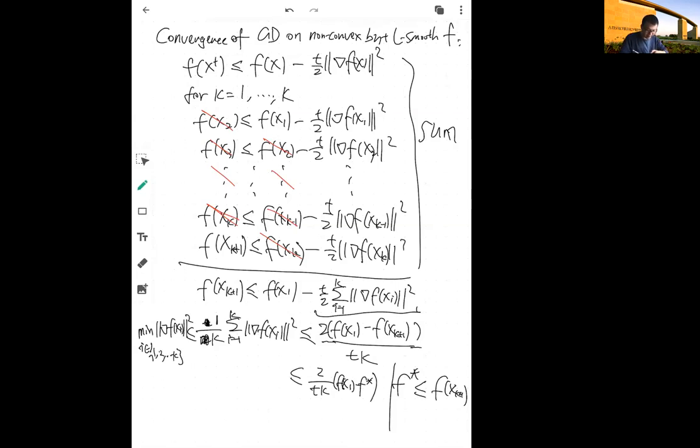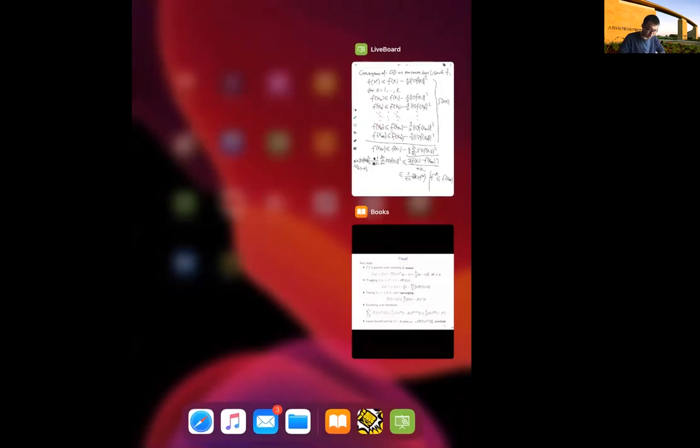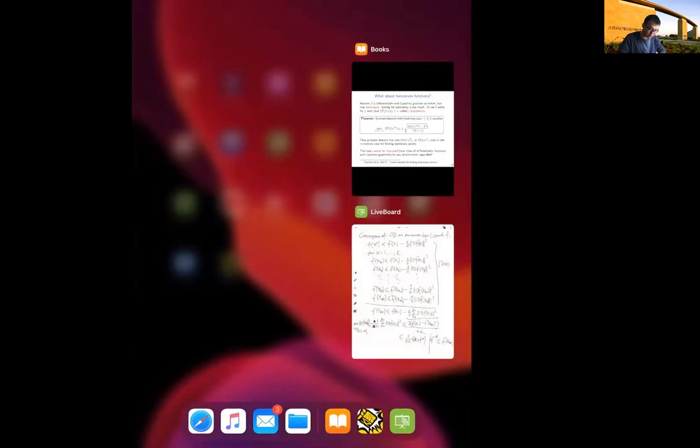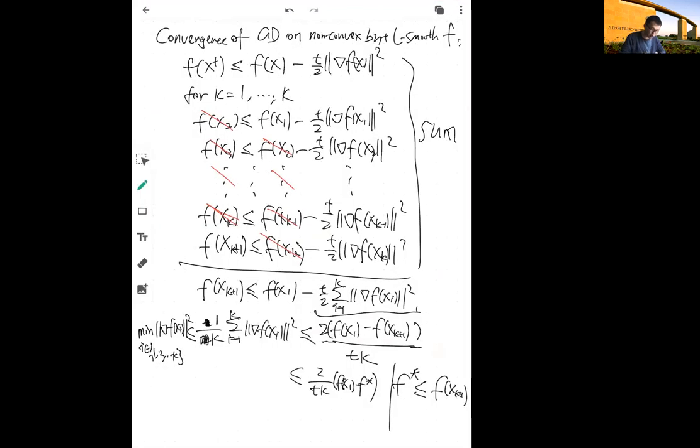So now the left-hand side is smaller than the right-hand side. If we look at the theorem statement, this is already it, right? By taking the square root on both sides, we get the minimum over i in k of the gradient norm smaller than the square root of 2 times f(x1) minus f star over tk.